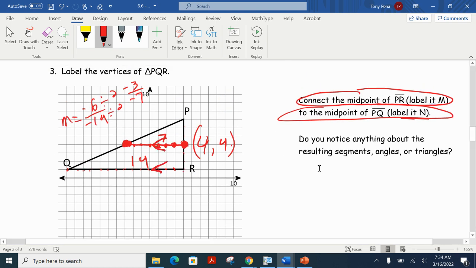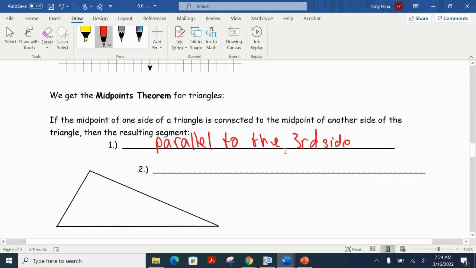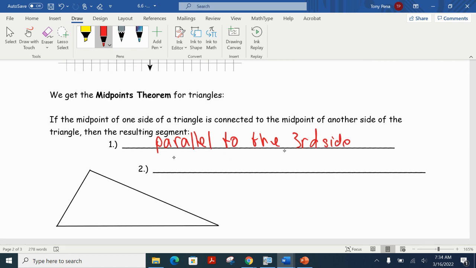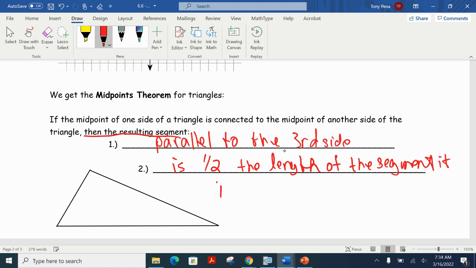So those are now parallel. And then that resulting segment is 1/2 the length of the segment it is parallel to.